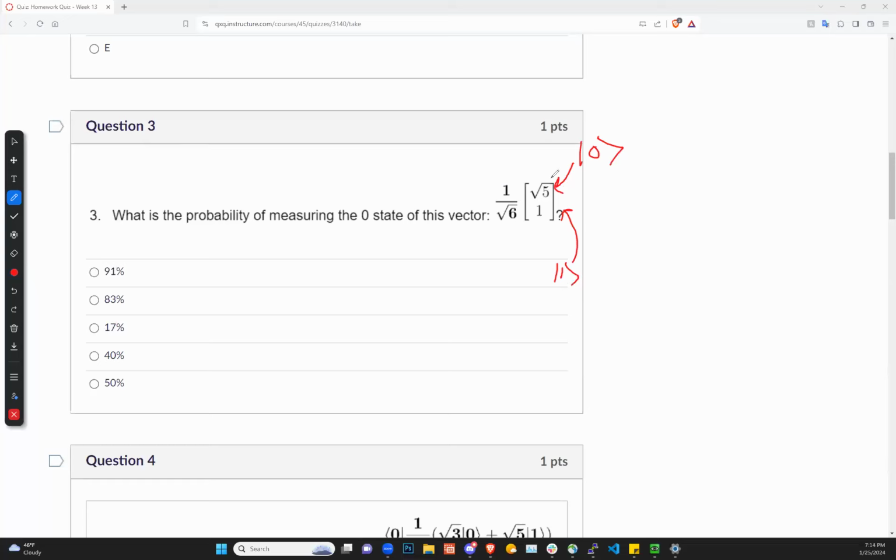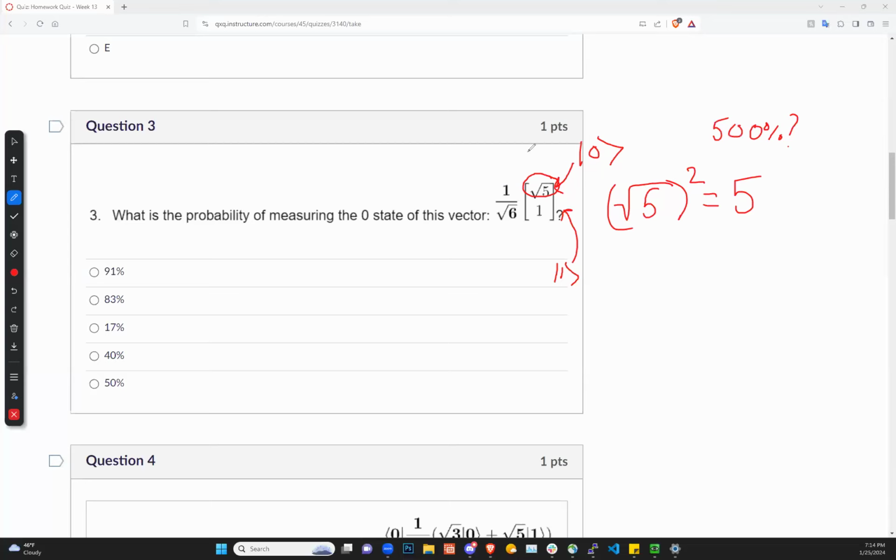So we would square this top number here, but there's kind of an issue. If we do the square root of 5 squared, we end up with 5, which is definitely not correct because this says that there's a 500% chance of measuring the 0 state, and that's not possible.